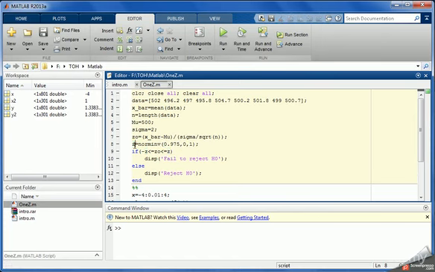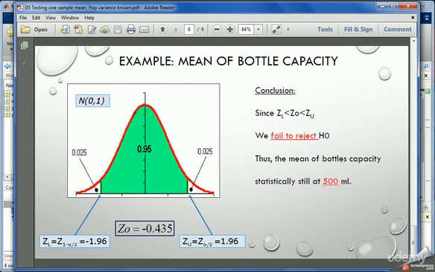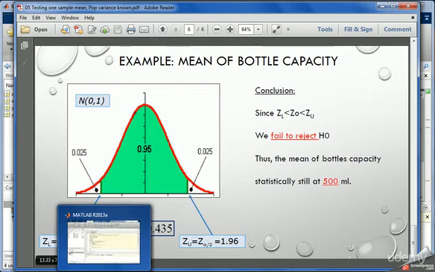After finding this value of z, we will decide if z naught is between z and minus z, we are going to fail to reject the null hypothesis. Otherwise, we are going to reject h naught. So if z naught is inside the acceptance region between minus absolute value of z and absolute value of z here, so if z naught is in this acceptance region, we are going to fail to reject the null. Otherwise, if z is in this side rejection area or this side rejection area, we are going to reject the null hypothesis.